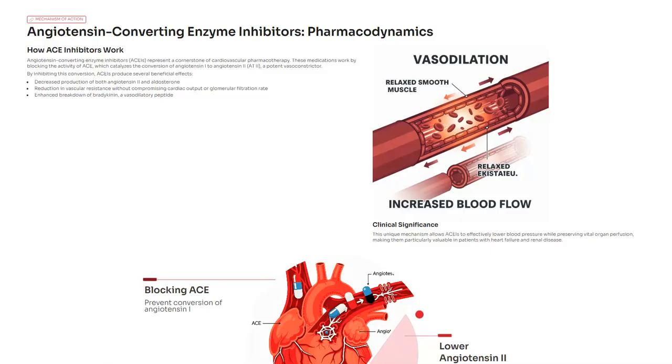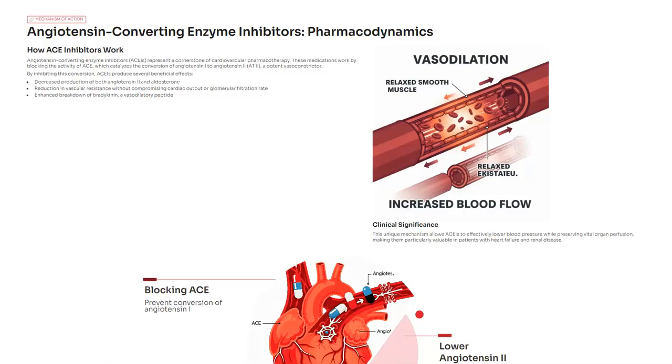It decreases the production of both angiotensin 2 and aldosterone. There's a reduction in vascular resistance without compromising the cardiac output and the GFR, or the glomerular filtration rate. And there's an enhanced breakdown of bradykinin. That is a vasodilatory peptide.